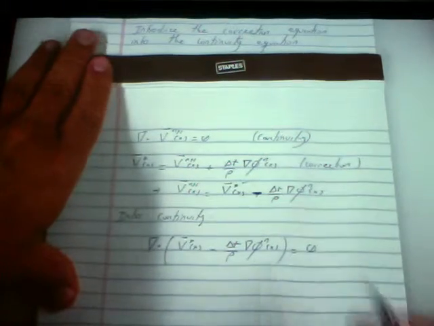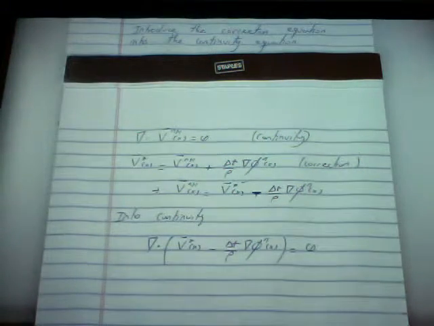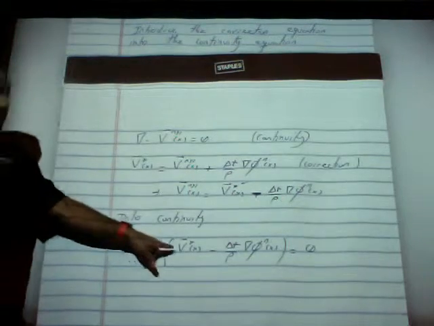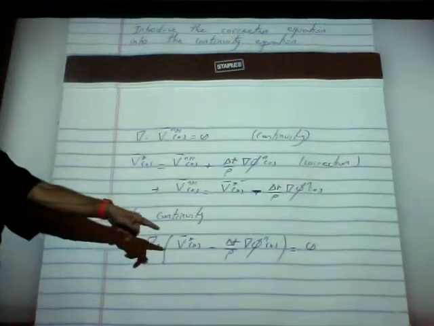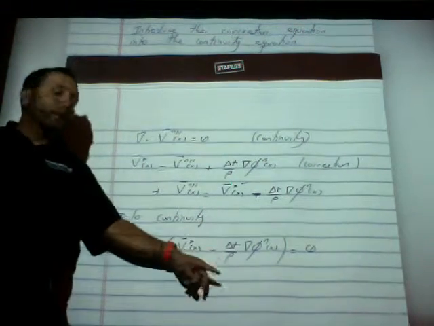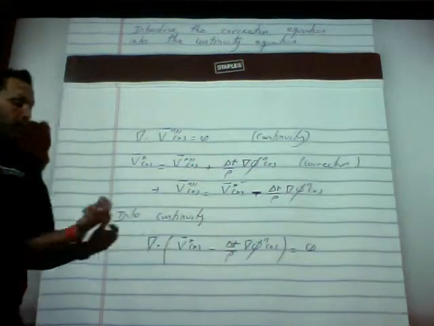It's equal to 0. And see, the divergency of the gradient is the Laplace, right? Del dot del is the Laplace. And delta T and rho can come out of that equation.